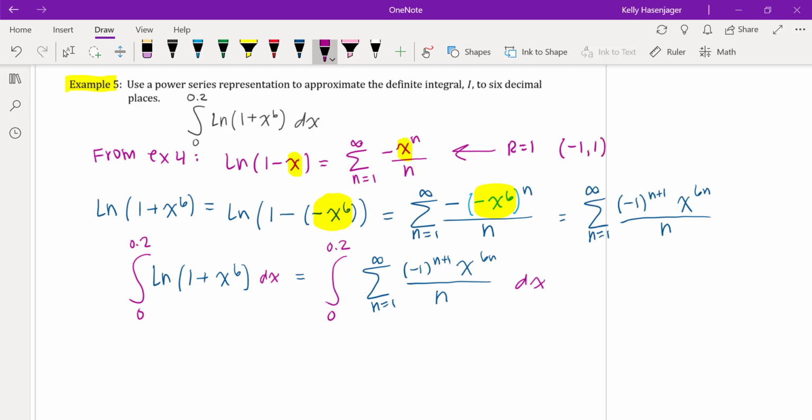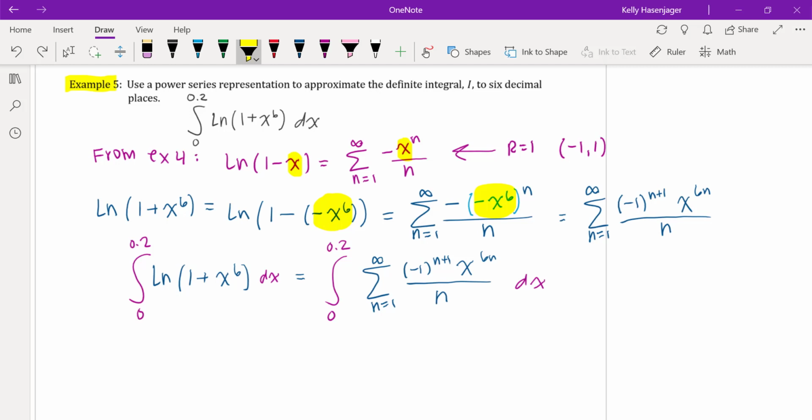That's what makes it important that the x values we're integrating, 0 to 0.2, fall within this interval, -1 to 1, because those are the only x values for which this equality is even true. So we had to stick between those.